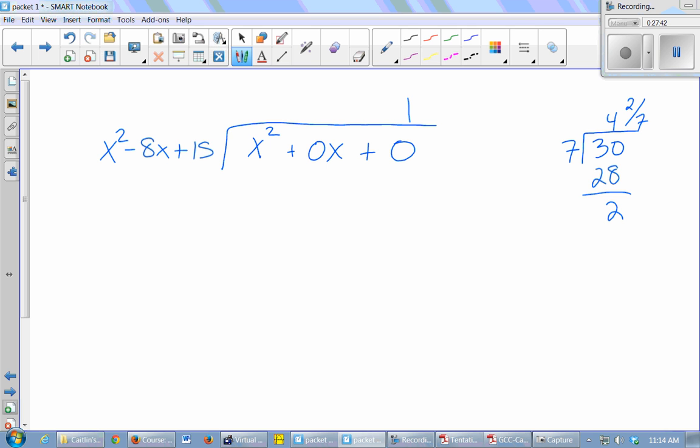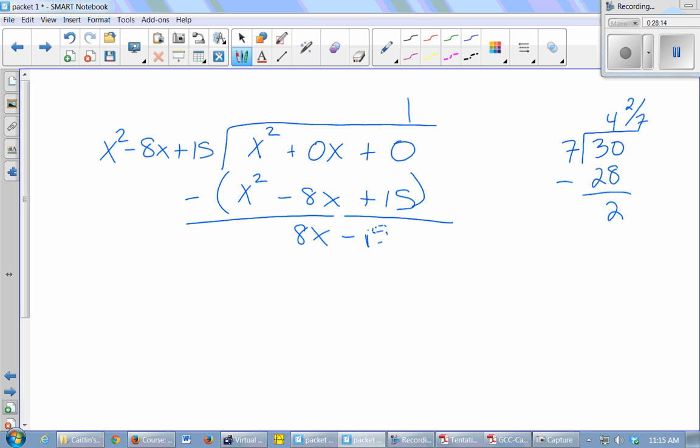Now I do 1 times my whole divisor, just like I did 4 times the 7, and I get x squared minus 8x plus 15. And then here I subtracted, right? 30 minus 28. Here I'm going to subtract the whole thing, which means distribute the negative. x squared minus x squared is 0. 0 minus negative 8 is 8. And 0 minus 15 is negative 15.